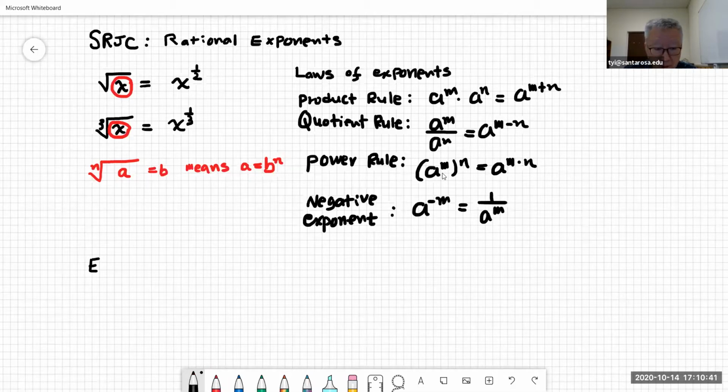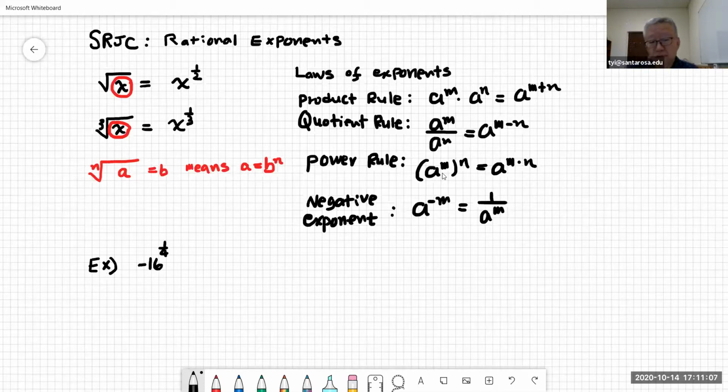Remember, we are applying the laws of exponents for all the examples that we are doing here. So I have minus 16 to the 1/4. We want to evaluate this without using a calculator.